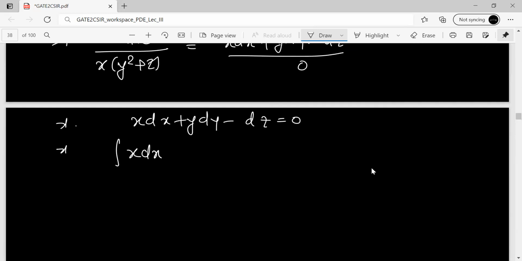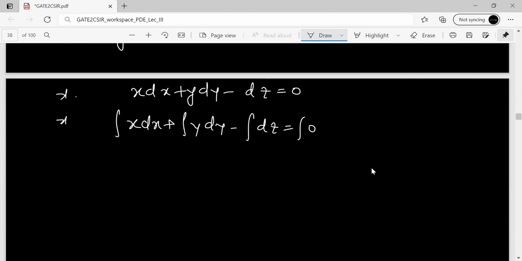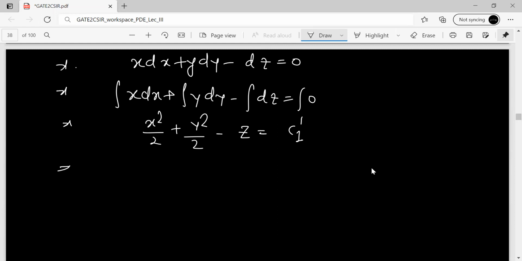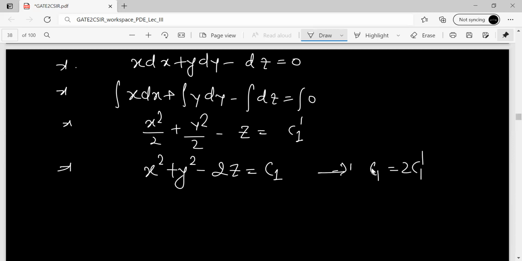So the integral of x dx plus y dy minus the integral of dz equals the integral of 0. This gives me x square by 2 plus y square by 2 minus z equal to c1 dash. Now take this 2 here, so I get x square plus y square minus 2z equal to 2 c1 dash. I'm calling it simply c1. So this is my equation 1.